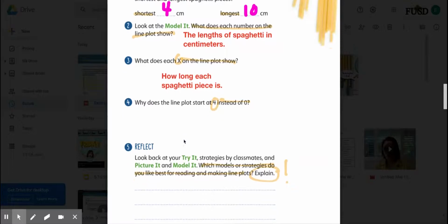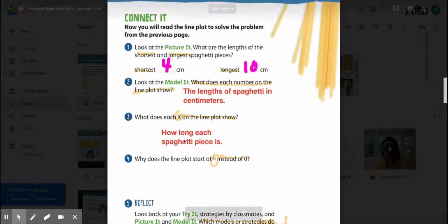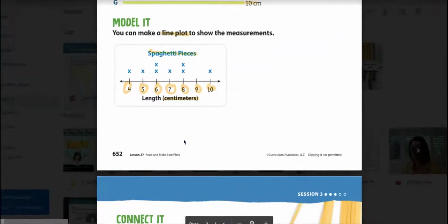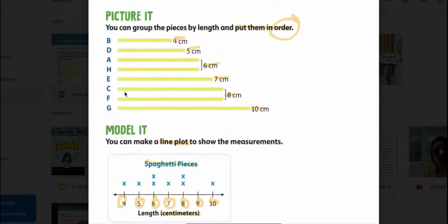All right, number 4. Why does the line plot start at 4 instead of 0? Oh my goodness, this is a great question. So let's go to the line plot. Why does it start at 4 and not at 0? Because if we had a number line, we would start at 0. I'm going to think about it. Well, I'm thinking if I look back up, the shortest piece of spaghetti was 4 centimeters up here.